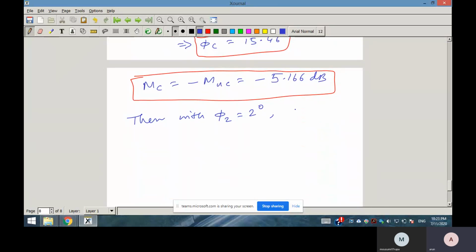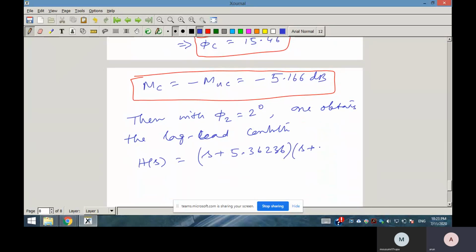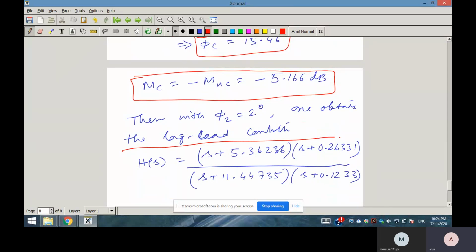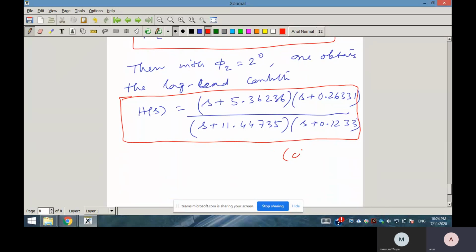With phi c equal to 2 degree, one obtains the lag lead controller, say H(s) equal to (s plus 5.36236) into (s plus 0.26331) divided by (s plus 11.44735) into (s plus 0.1233). Okay, so this again please check it.